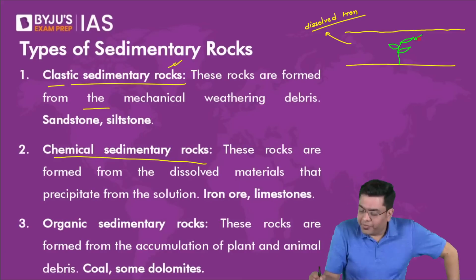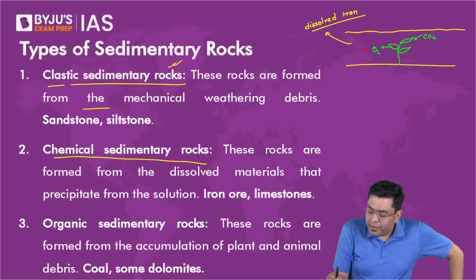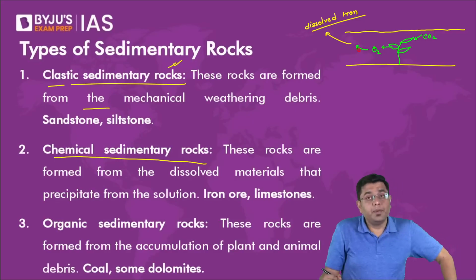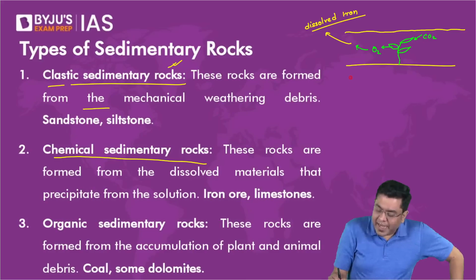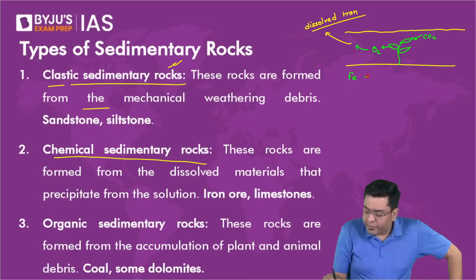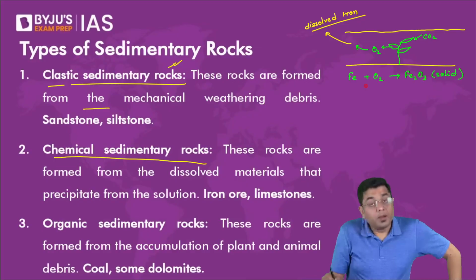So, they would consume CO2 and they would end up producing oxygen. Now, this oxygen would combine with the dissolved iron. So, you had a reaction Fe plus O2 would give Fe2O3, which would be solid. Oxygen would be in gaseous state, iron would be in dissolved state, but Fe plus O2 would give you Fe2O3.